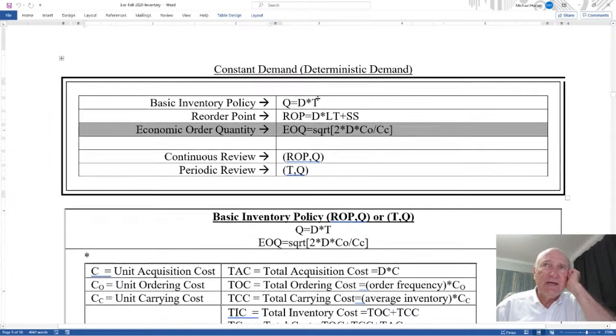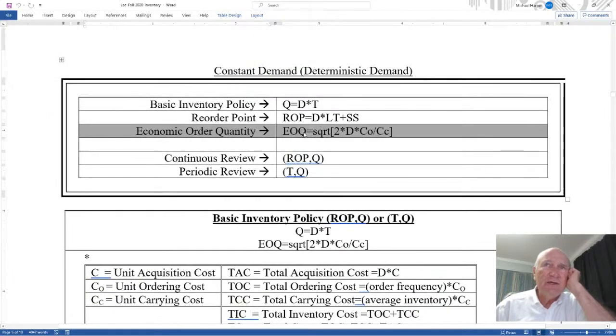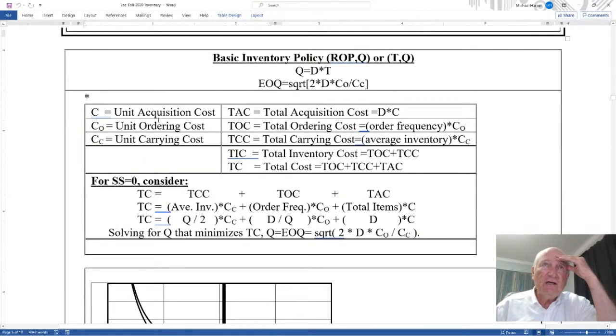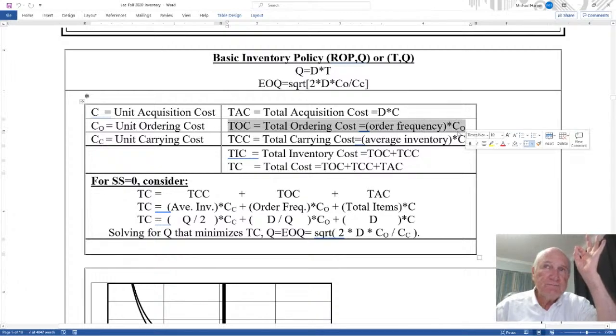Now this is an equation, and I want to emphasize that EOQ is not an equation. EOQ is a concept of minimizing cost. There's a lot of EOQ equations. So if we're looking at costs, we have to define unit costs and then define total costs, like for a time period. And then we want to combine the inventory cost, which is the ordering cost, which is the order frequency times the cost of each order, not the cost of each item, but the cost of each order, which could be number of items.